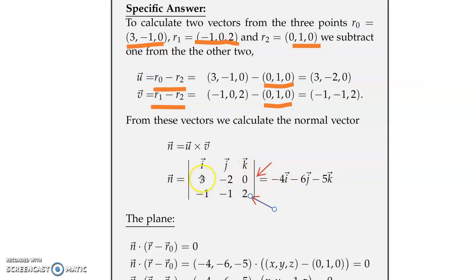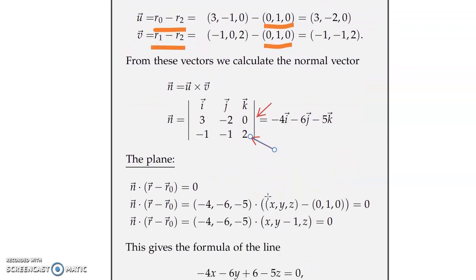Cover up the middle one, so it's 3 times 2, but there's always a minus in front, so it's minus 6j. And then lastly, we get 3 times minus 1 minus 1 times 2, so that's minus 3 minus 2 gives us minus 5. So that's our normal vector.